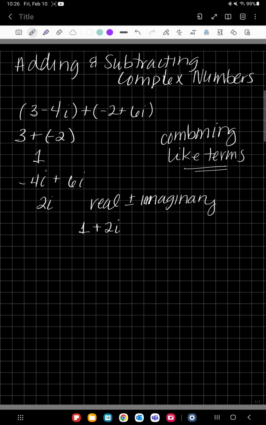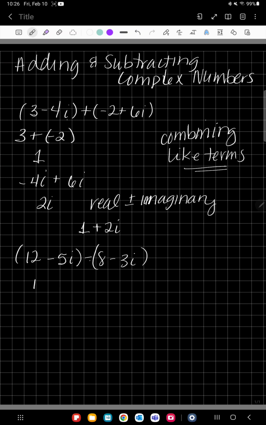All right. Same thing with subtraction. Let's say you have 12 minus 5i minus, open parentheses, 8 minus 3i. On this one, rules never change, just like we know it, right? So we're combining like terms.